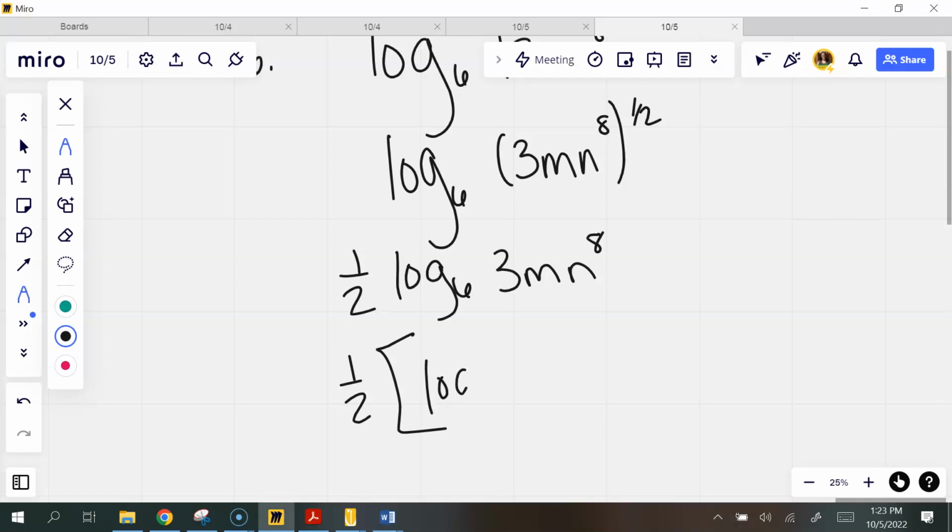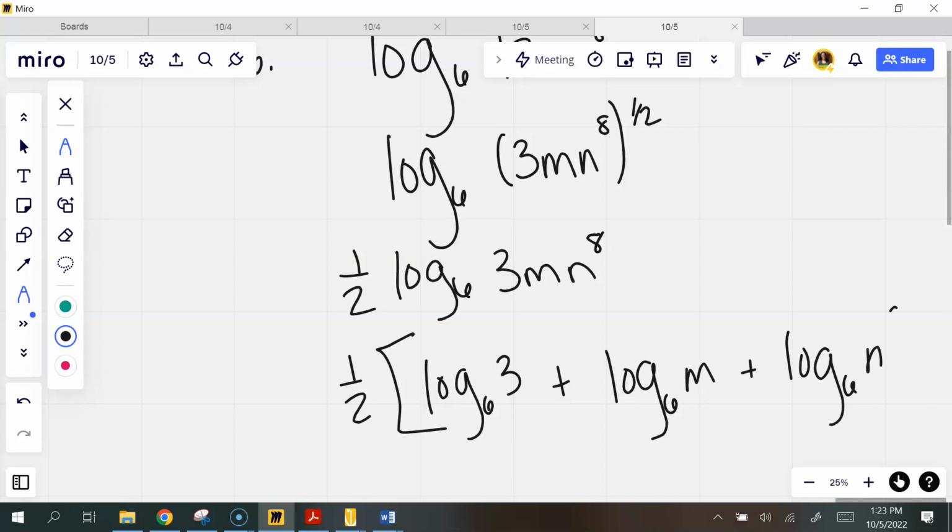So this is going to be log base 6 of 3 plus log base 6 of m plus log base 6 of n to the 8. And now since I'm expanding, that one goes in front too. But just in front of that one, okay?